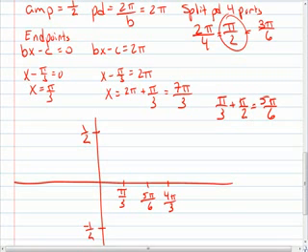So we had 8 pi over 6 plus another 3 pi over 6, 11 pi over 6. Add another 3 pi over 6, 14 pi over 6, which, when simplified, is 7 pi over 3. So we ended up at our last endpoint by starting at pi over 3 and adding our intervals of pi over 2.